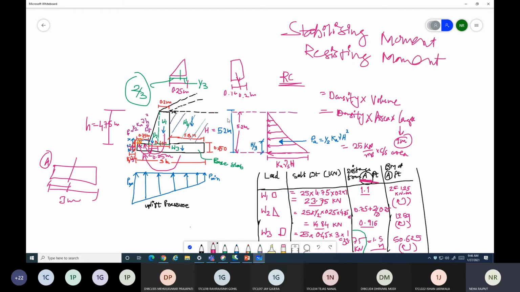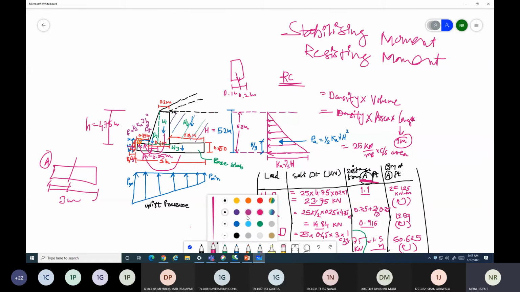Right. Now one more force is over here, that is called the backfill force or the soil mass force, W4. So that W4 calculation also you need to perform. So I am writing over here at this point, at this part. So continue part of this table is over here.